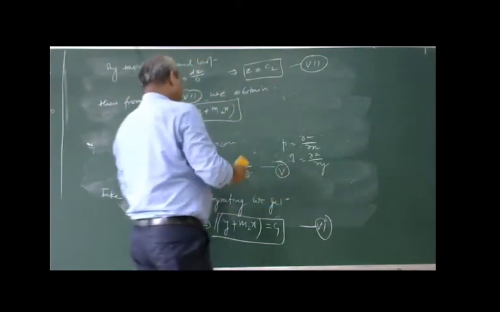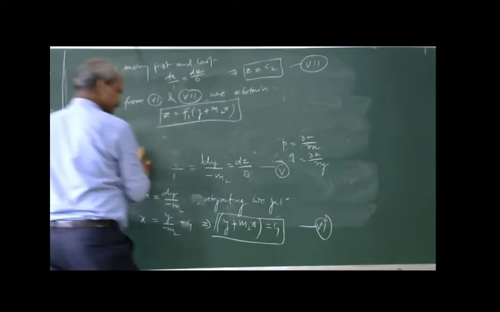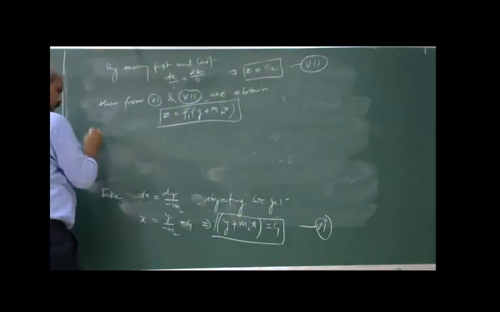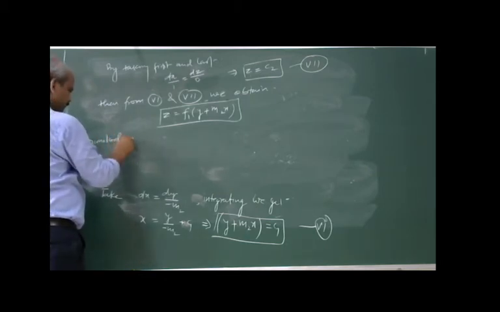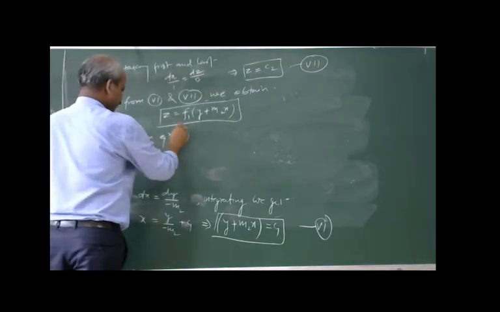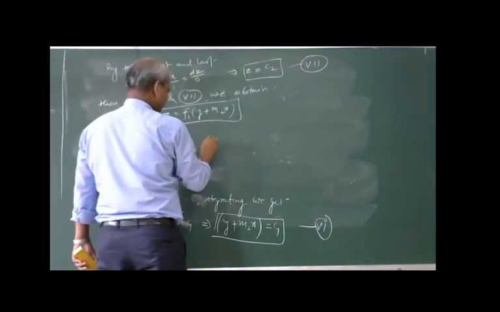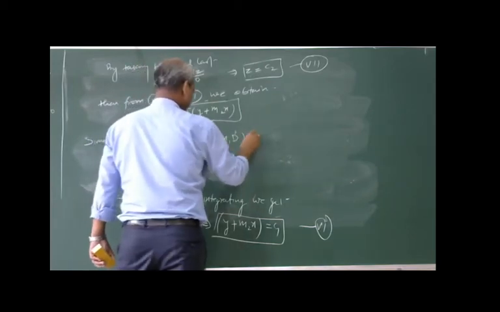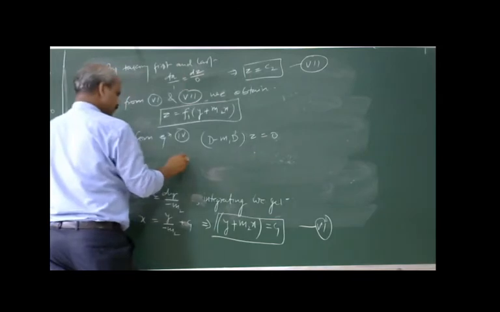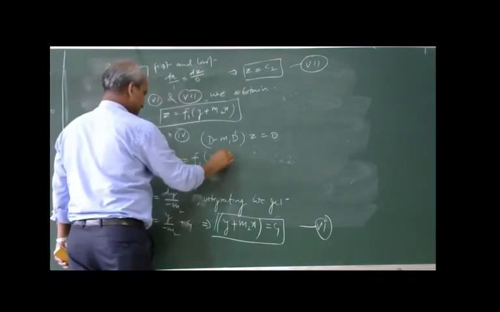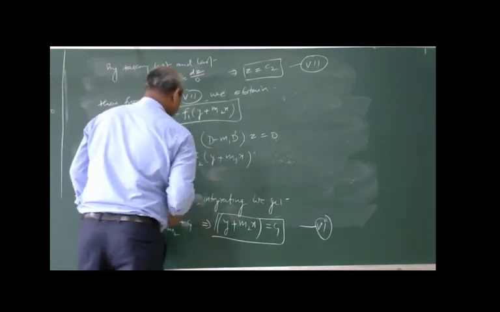Similarly, from equation 4, D minus m1 D dash z equal to 0, again we get a solution with this y plus m1x.